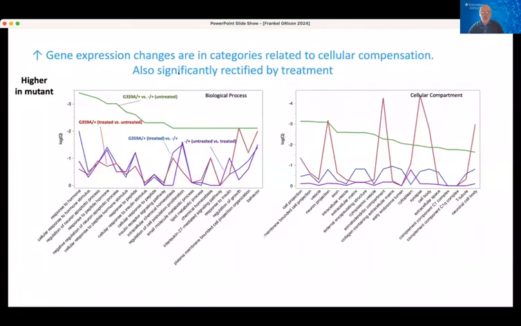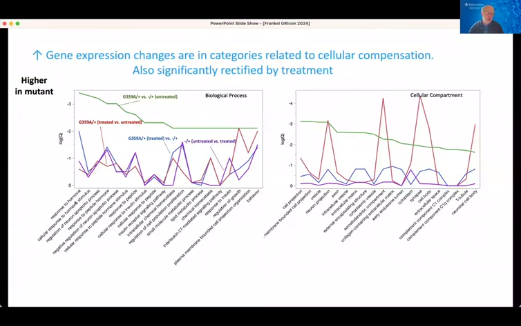And the last interesting bit here is when we looked at the genes whose expression was higher in the mutant, there was also this clustering, but it was completely different categories of genes, and the degree of clustering wasn't so significant, although it's significant compared to these baseline comparisons.